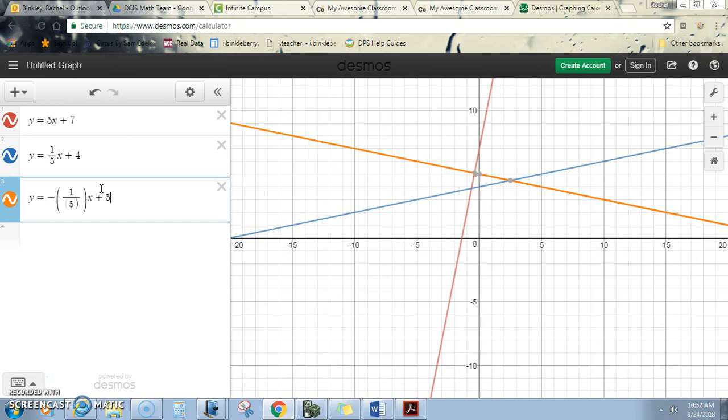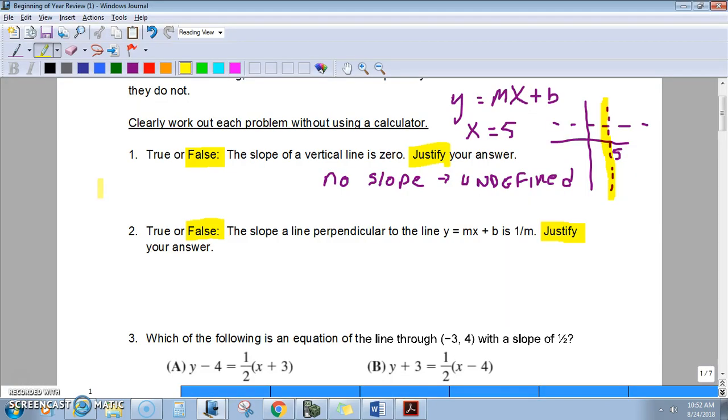So it is the reciprocal, but it is the negative reciprocal of what's happening there. So it needs to be negative. Negative reciprocal would be your justification.